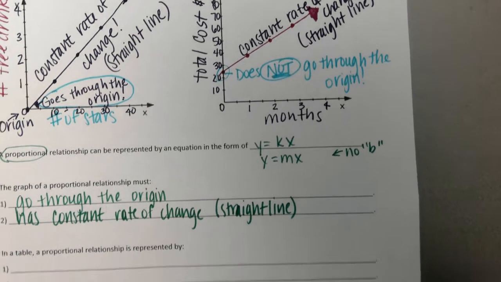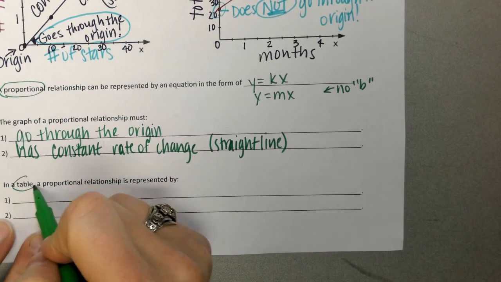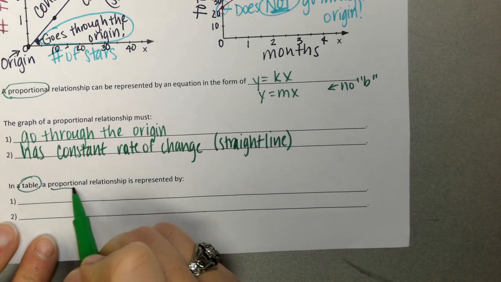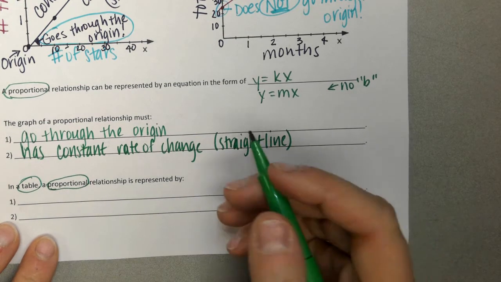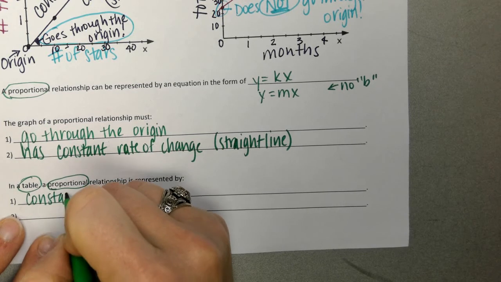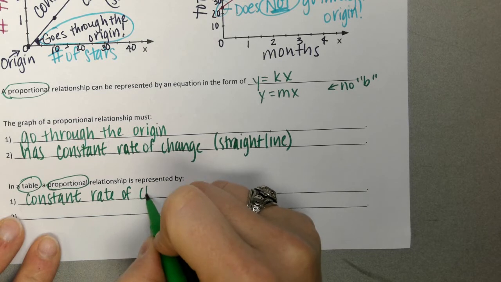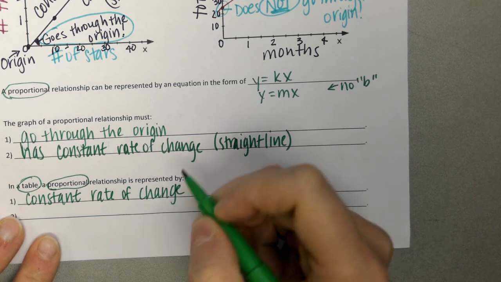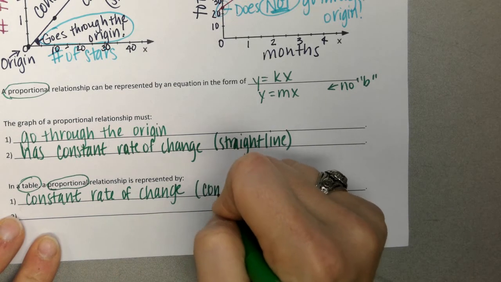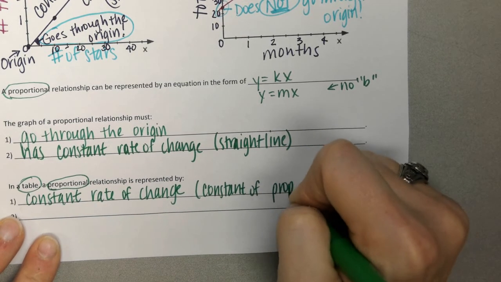In a table, a proportional relationship is represented by a constant rate of change, and sometimes you might see that called the constant of proportionality.